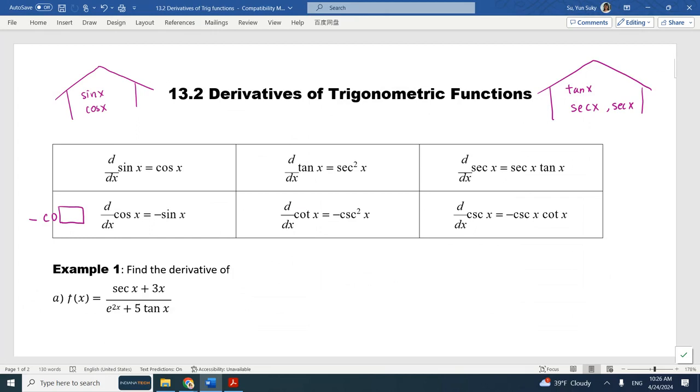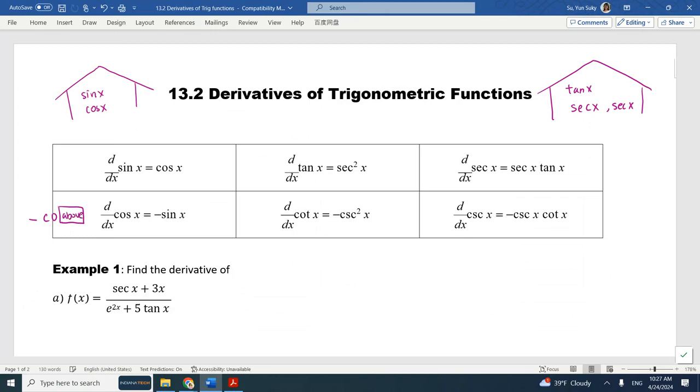So that's why the derivative of cosine is negative sine. Look at this. Negative cosecant squared. Yeah, everybody? Negative cosecant squared. How about here? Negative cosecant cotangent. Now, do you see the pattern? Use the two houses to help you memorize the top three formula. Then the bottom three for the cofunctions is negative co of whatever above.